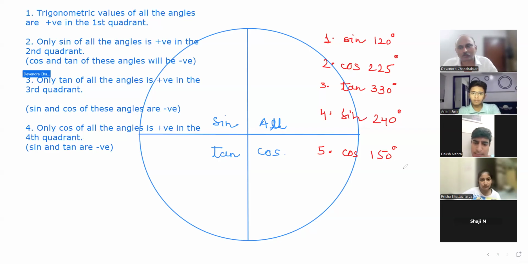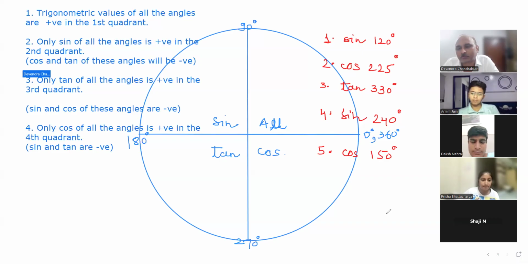First quadrant is 0 to 90. नोट्स में लिखा है कि नहीं? है ना, लिखा है ना. 0 to 90 is first quadrant. 90 to 180 is second quadrant, 180 to 270 is third, and 270 to 360 is fourth quadrant. ठीक है Daksh?